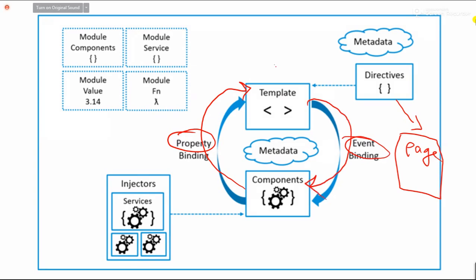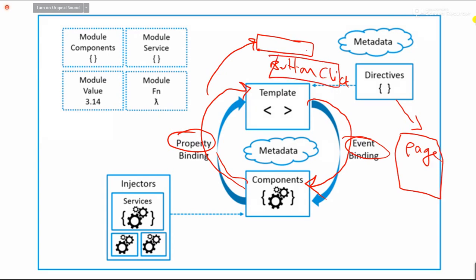That means you have a button click and we have a text box. Into the text box I need to send some value. Through property binding we can send that value, and on button click we need to collect the value. With event binding we can identify the notifications, identify the changes, and handle the functionality. That means components present the data and handle the interactions.